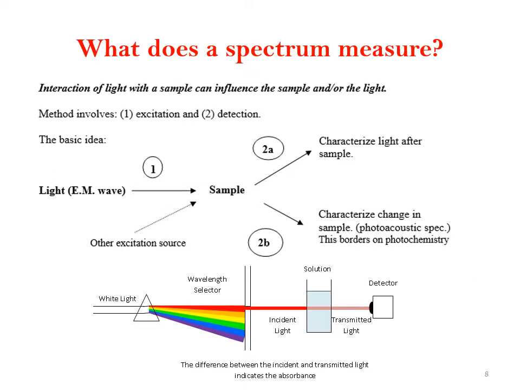So what does a spectrum measure? We have said that spectroscopy measures the energy transitions when an electron emits or absorbs light. The interaction of light with a sample can influence the sample or the light.